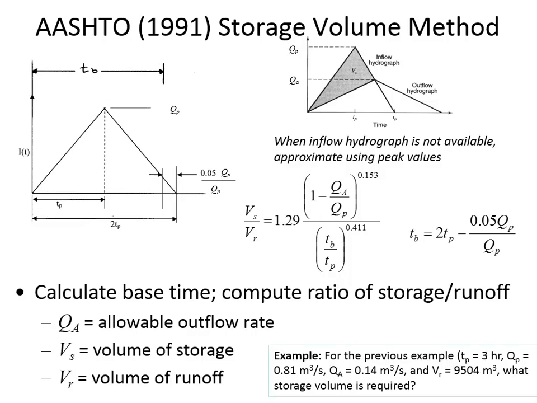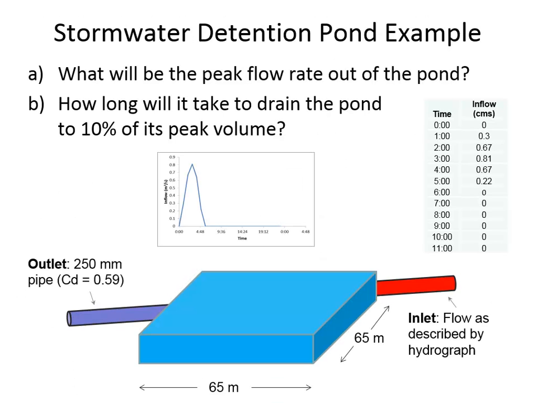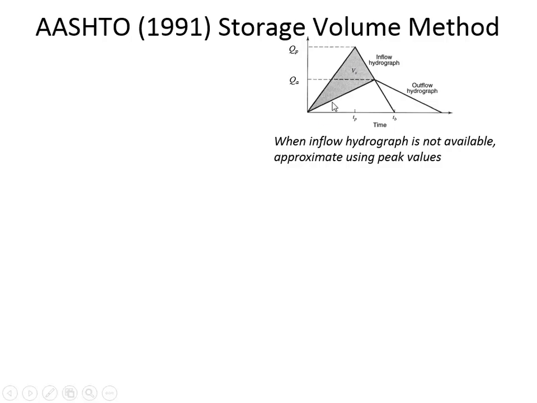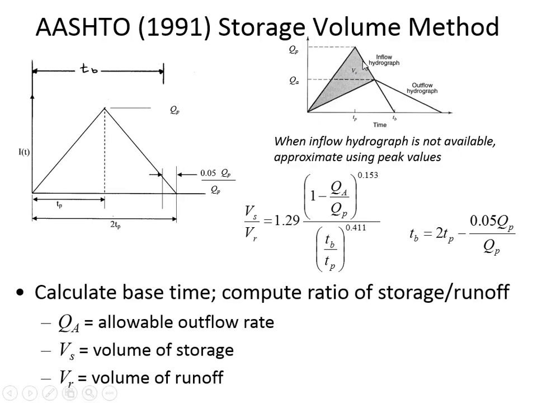Let's consider a storm where the time to peak was 3 hours, the same as our last storm. But we're not going to consider the other data points. In that storm we had a full hydrograph, but for the AASHTO example we're just assuming it goes from 0 to 0.8, in other words, a triangular inflow hydrograph.